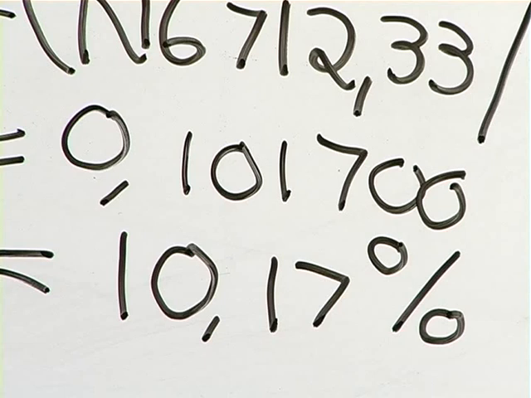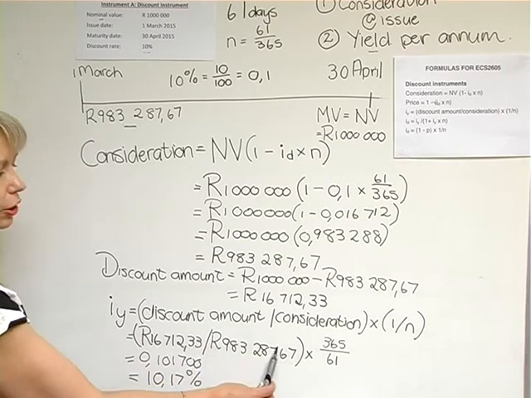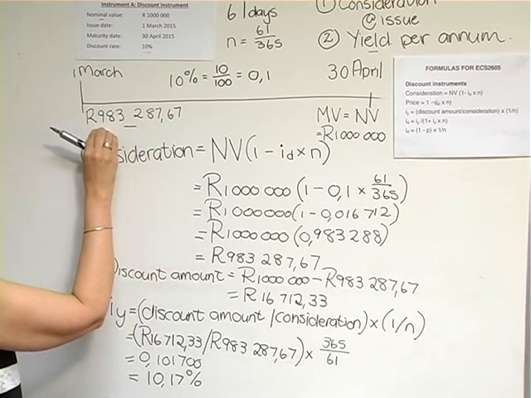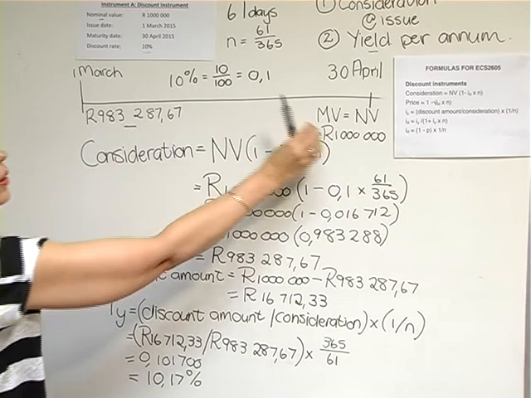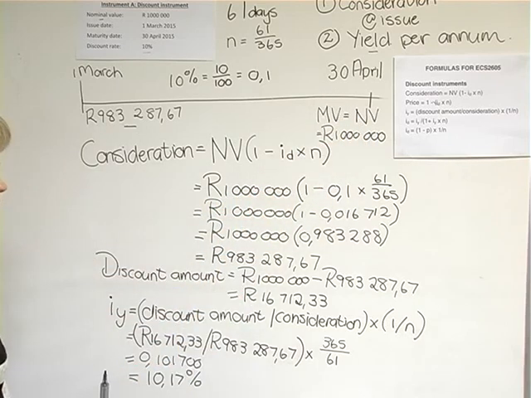Why is the yield on this discount instrument higher than the discount rate? Let's explain it to you quickly. When you calculate the yield, you take the discount and you divide it by the consideration, the amount that you paid for it. Because the consideration is smaller than the nominal value, you are going to get a larger percentage.